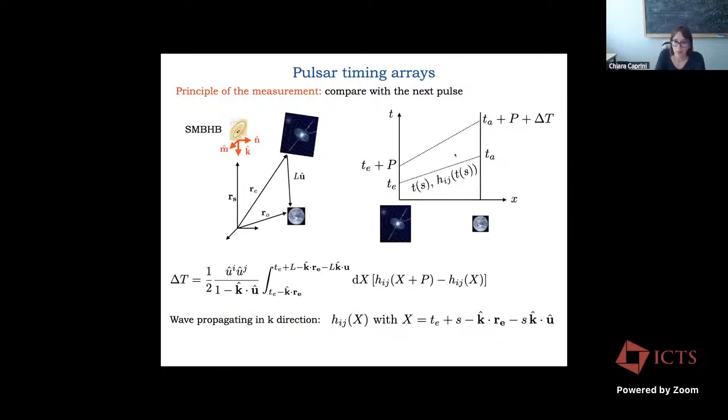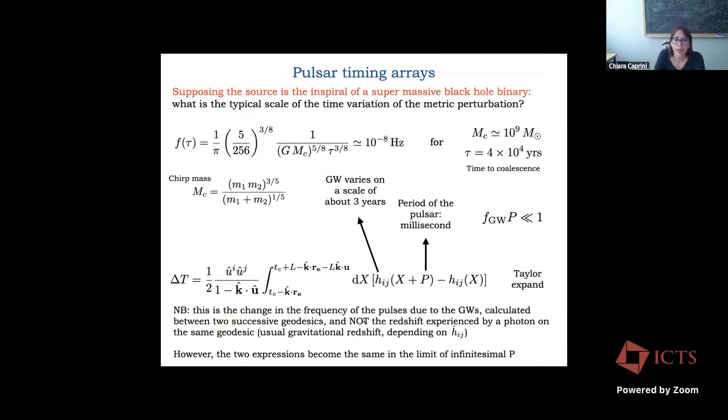That's what we have done here. And it is not the redshift experienced by a single photon on the same geodesic, which is the usual gravitational redshift. And this usual gravitational redshift actually depends on h dot.